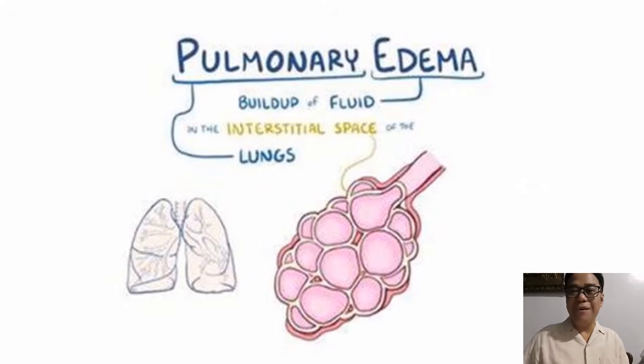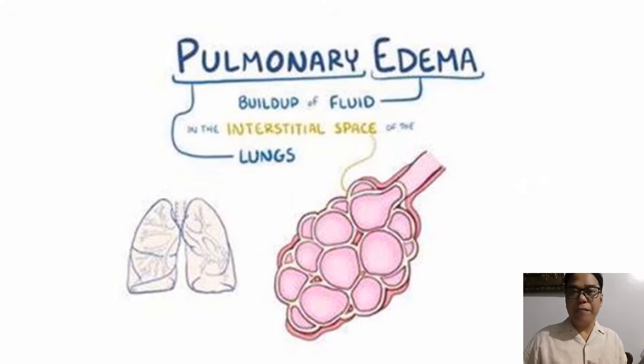Okay, so always remember since the heart has the right and the left side, if that is left-sided heart failure, always remember that the affected area or the signs and symptoms that we will notice are on the lungs. Okay? Meaning to say, they might experience dyspnea, there are abnormal breath sounds.